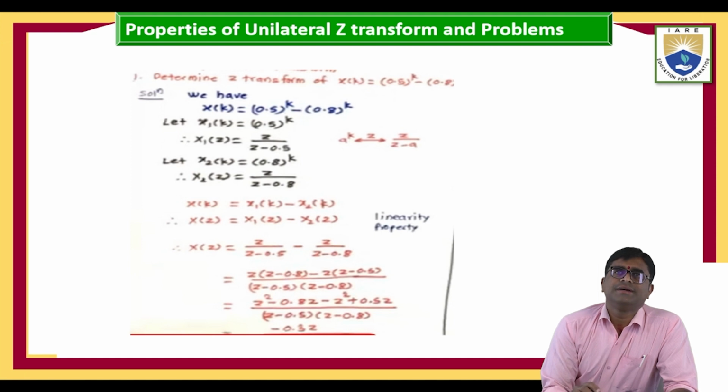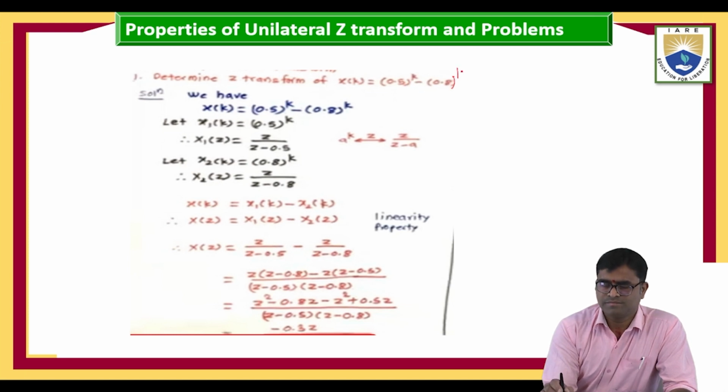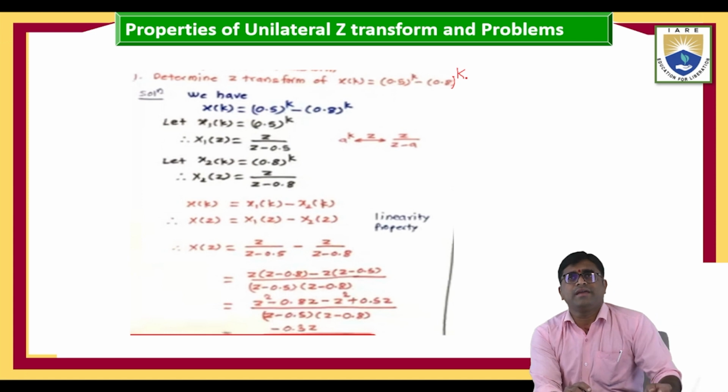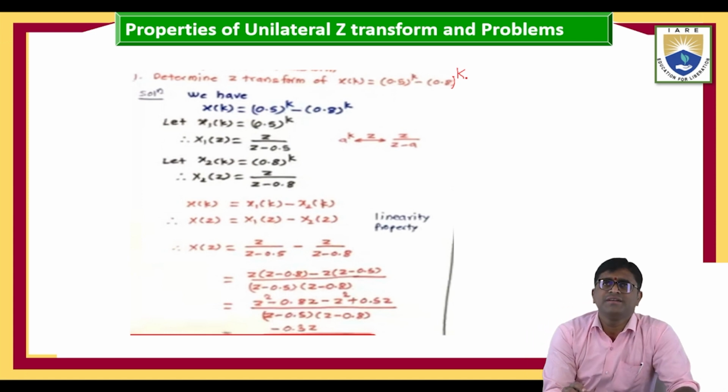Coming to the next problem, determine the Z transform of x of k equal to 0.5 to the power k minus 0.8 to the power k. First of all, in this function we have two parts, x1 of k and x2 of k.